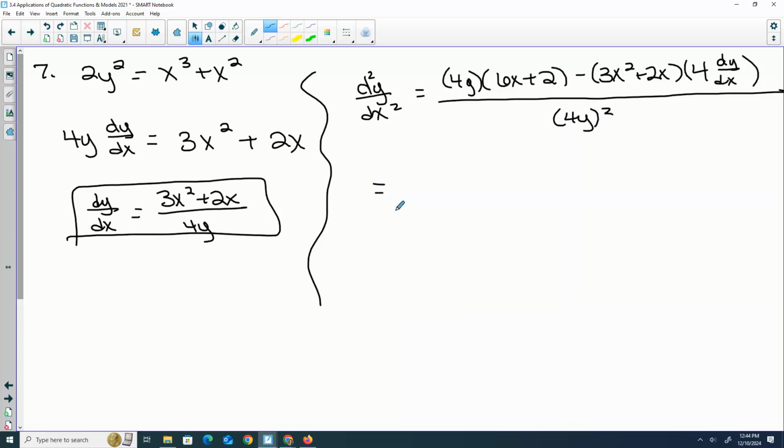This problem was really easy because I skipped the second half of my problem. That's beautiful. We ended up with 24xy plus 8. No wonder it was so nice.